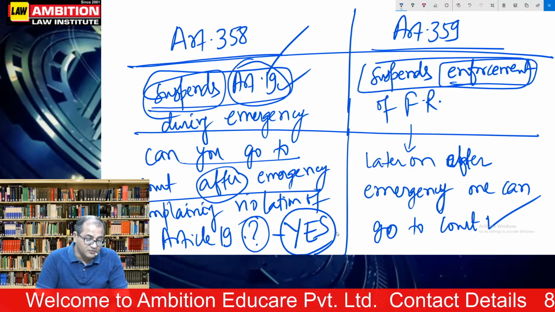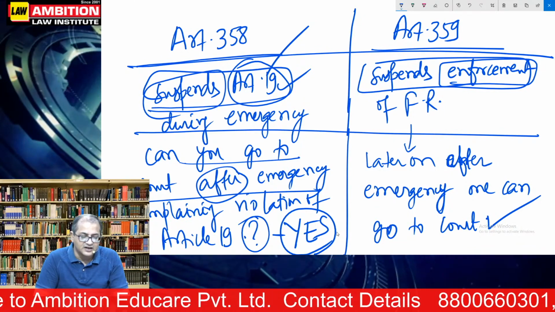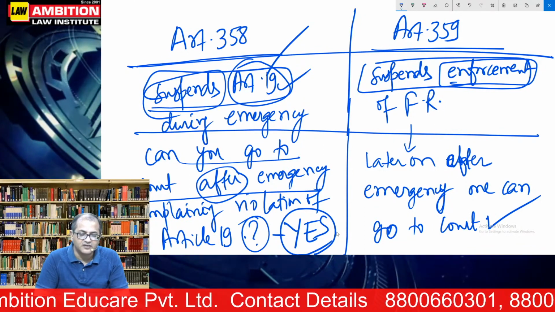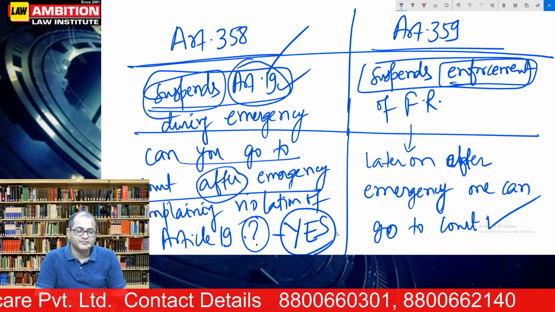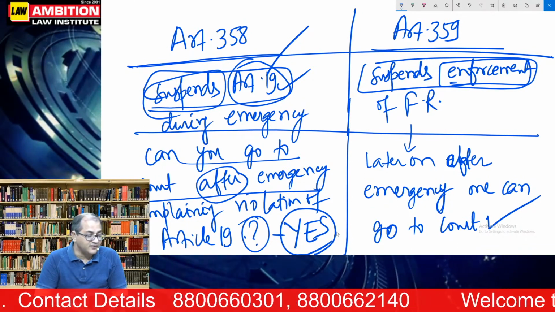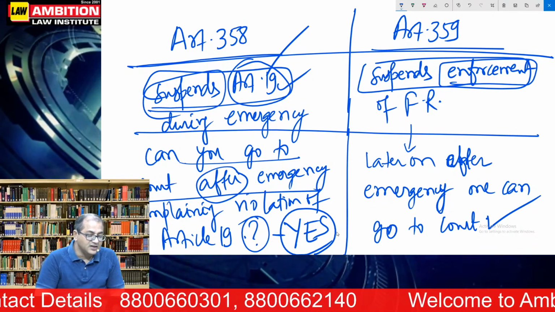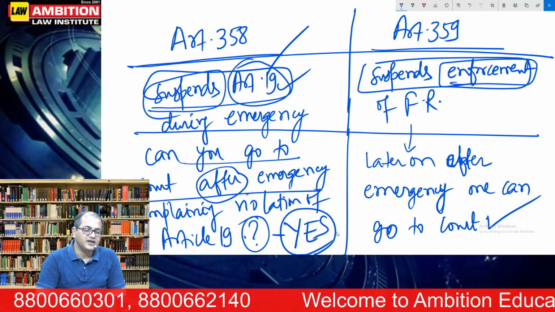So the decision of the court clarifies the point and says that Article 19 was in operation even during emergency, though it's a different matter that during emergency you cannot go to the court. But after emergency, you can always go to court and complain that my fundamental right in Article 19 was violated.